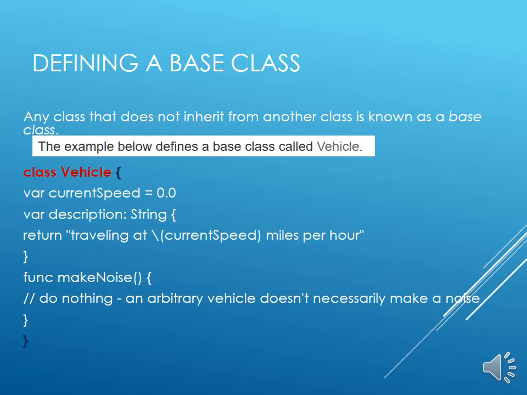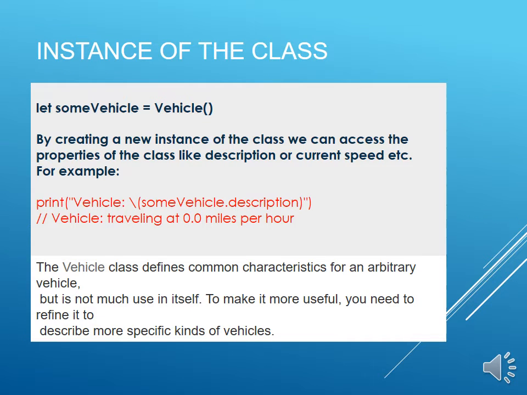This is like a blueprint, and these properties will be used in vehicles, right? Its other subclasses will be modified versions of this vehicle. An instance of the class means an object of the class. We will declare a new instance of our class Vehicle.